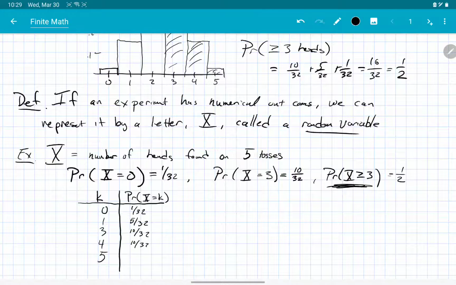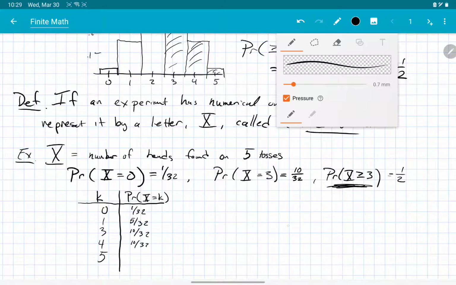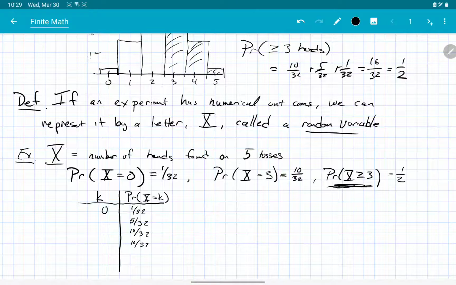Oops, I forgot 2. Yeah, that's a problem. And we all like 2. Okay, so there's a table that displays the possible values of a random variable.